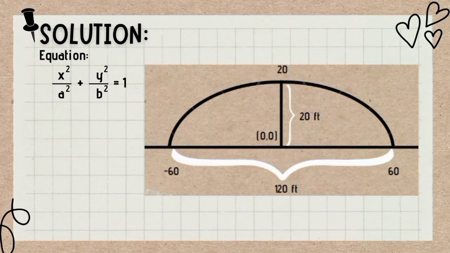The standard form of our ellipse is x squared over a squared plus y squared over b squared is equal to 1. Since our center is at the origin, h and k are equivalent to 0, 0.